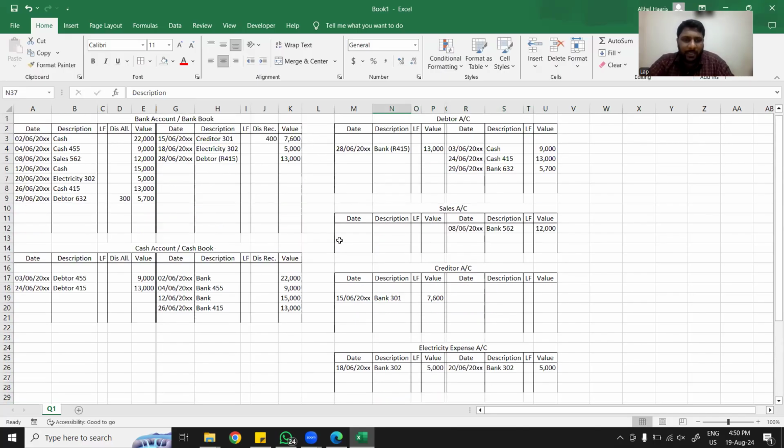So these are just temporarily memorandum columns, people. So we have to post the correct entries for these things at last. Once we are done with entire bank book and cash book, we have to post the entries at last.